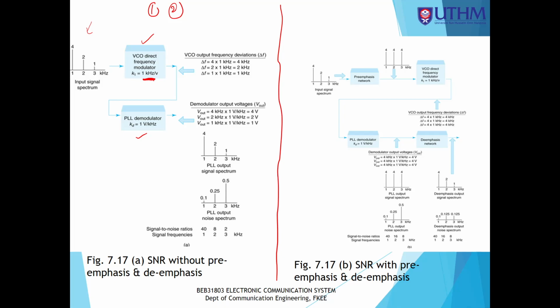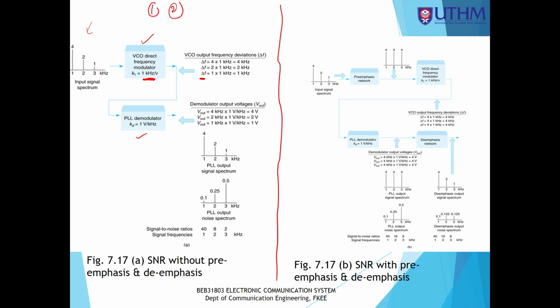Now we want to find the frequency deviation at the output of the VCO, which is the amplitude multiplied with K1.